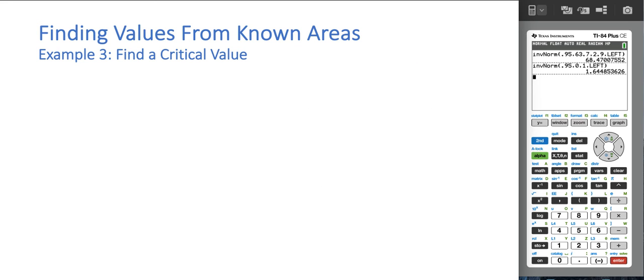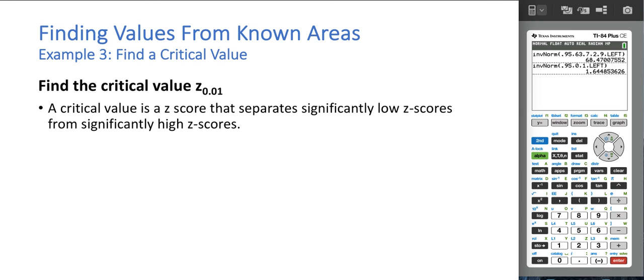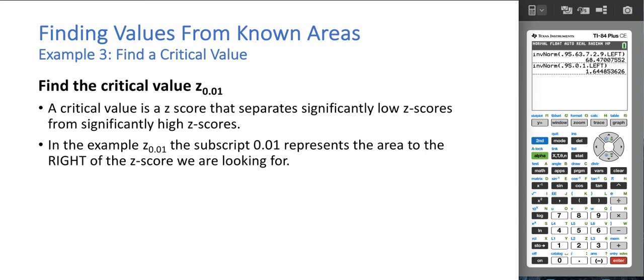All right, lastly, we want to find a critical value. A critical value is a score that separates the very, very low z-scores from the very high z-scores. So in this example, where we're finding z with a subscript of 0.01, that subscript 0.01 represents the area to the right of the z-score.